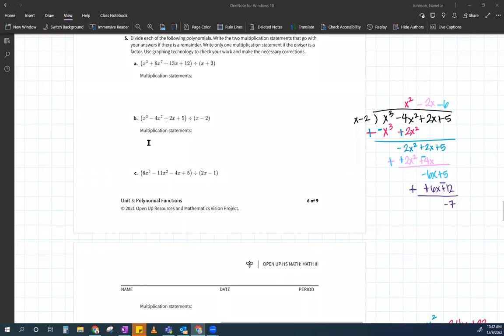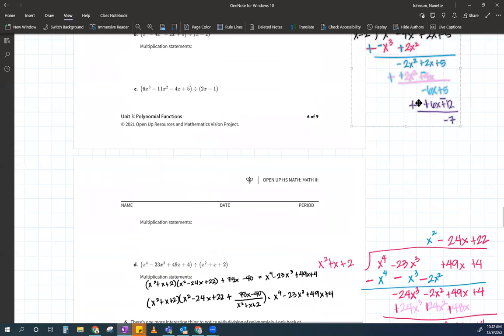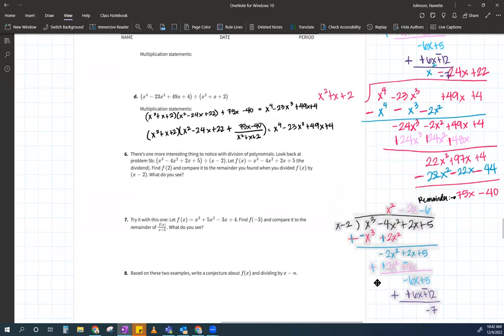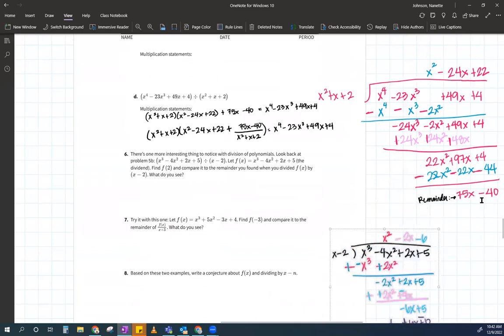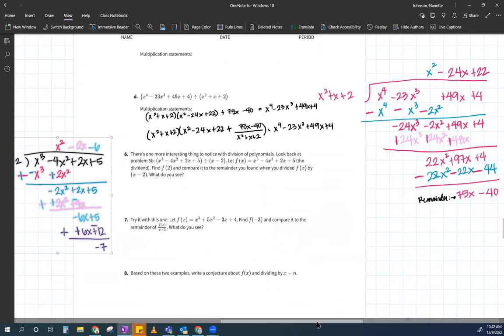So here you were supposed to write the multiplication statement. I'm not going to do that with you right now because you already know how to do that. What I'm really interested in is taking all this information and moving it down here for our number 6. And maybe I put it on this side so that it's cleaner. All right.